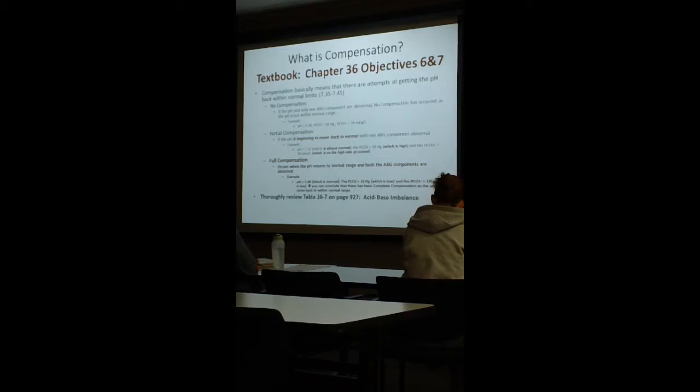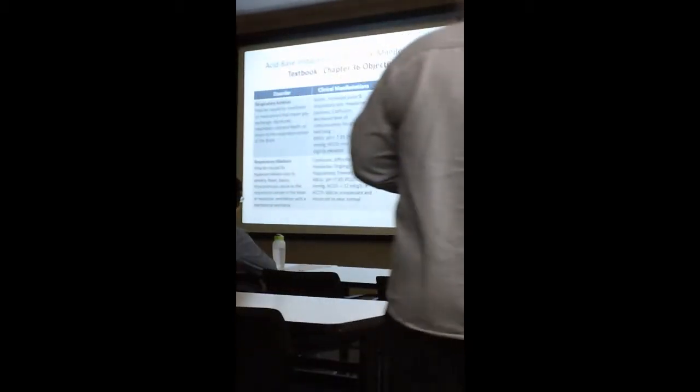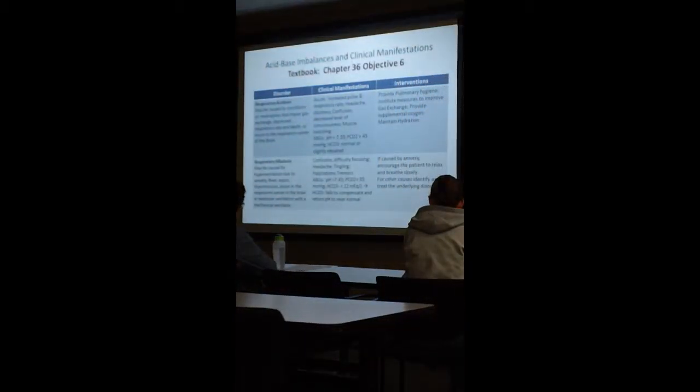Full compensation is when they get back within that pH range. That's what we want. We want to be in that steady state. Here's a nice slide I pulled from your book to make it easier for you, because I concur that this is an intense chapter. I'm trying to help you.